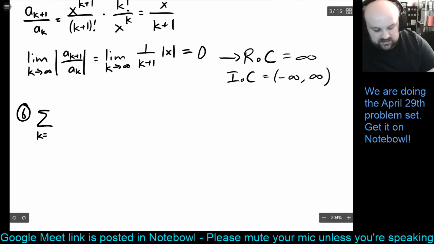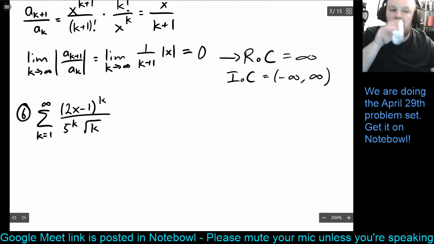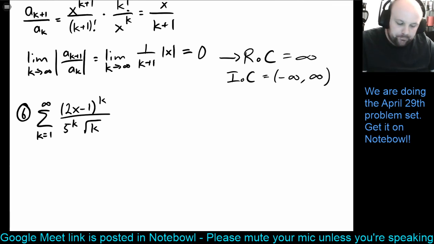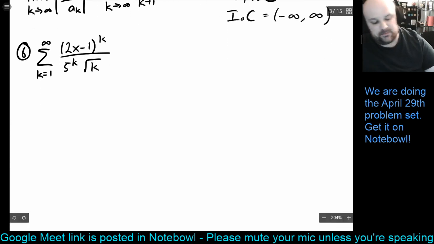So let's look at the series from 1 to infinity of (2x minus 1) to the k over 5 to the k square root of k. All right, this one's a little more fun looking. So let's see what we get out of it.